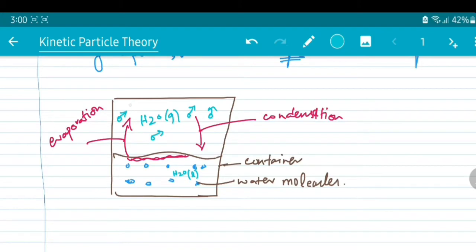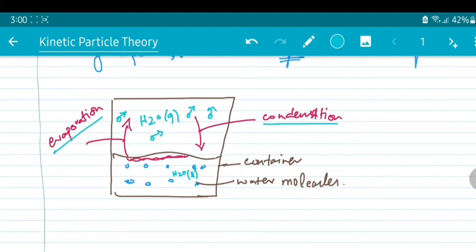Certainly the time will come when we reach what we call the equilibrium, when the forward reaction, which is evaporation, is happening at an equal rate to the condensation reaction. So it will create a certain kind of pressure.